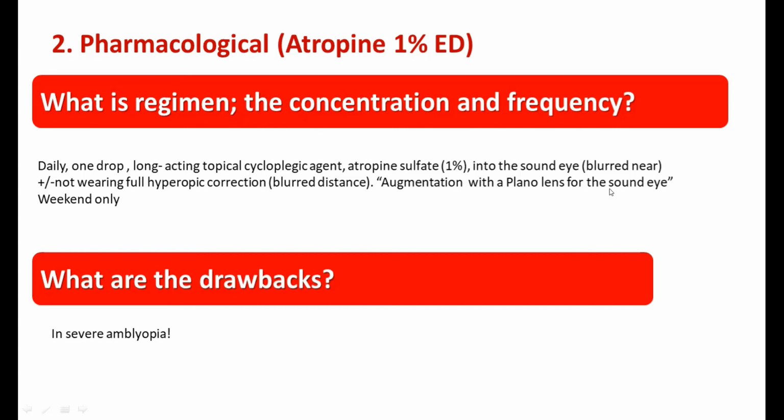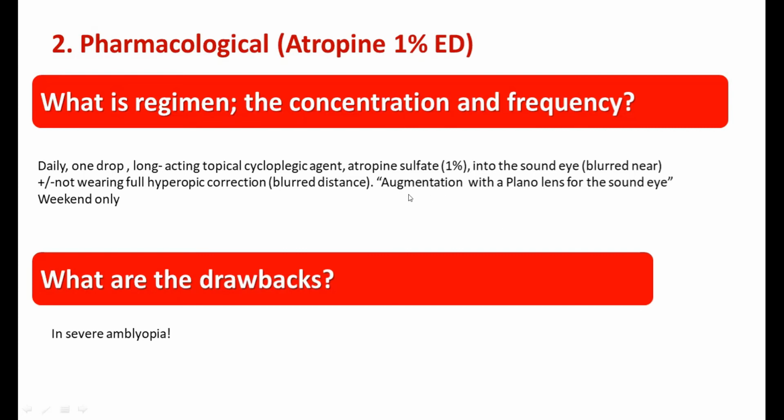So two things happen to the sound eye. The sound eye is penalized by two things: optical penalization by the plano lens, because it needed the hyperopic refraction, so you give it a plano lens, and pharmacological penalization. The pharmacological penalization causes blurring of the near vision, and the plano lens causes blurring of the distant vision.